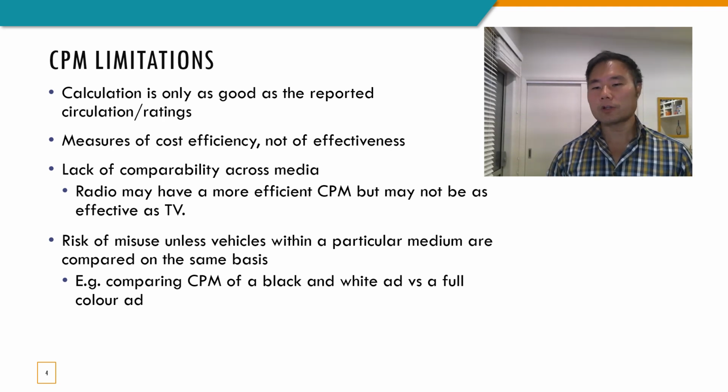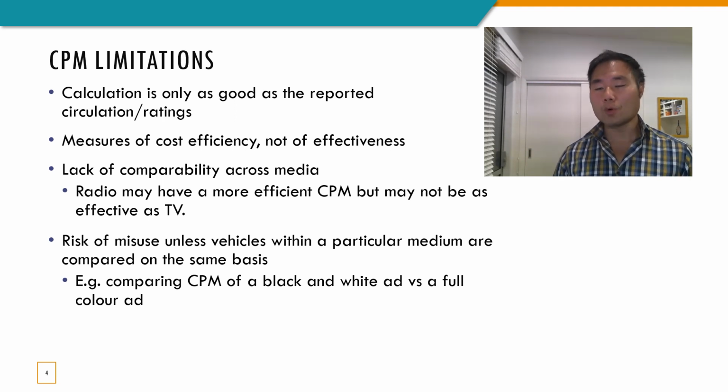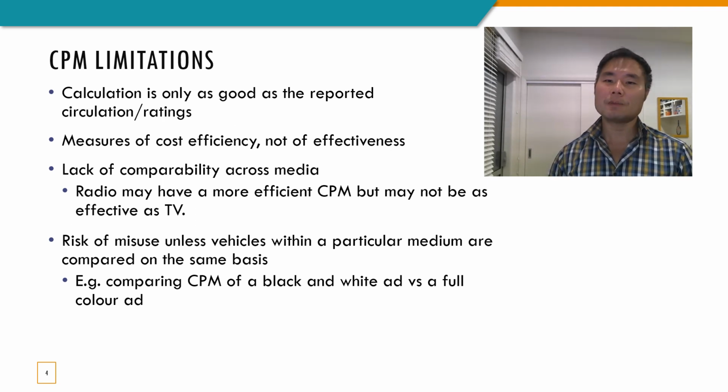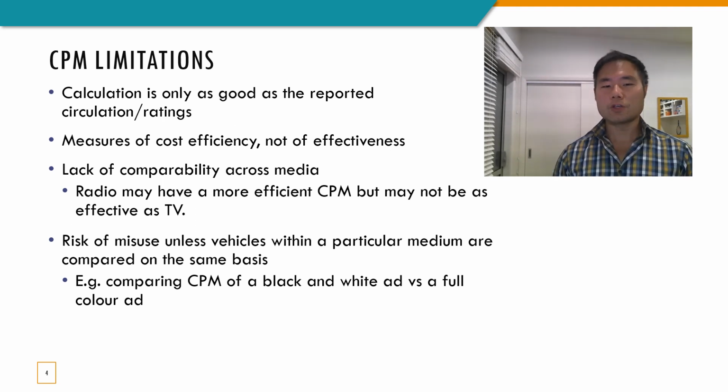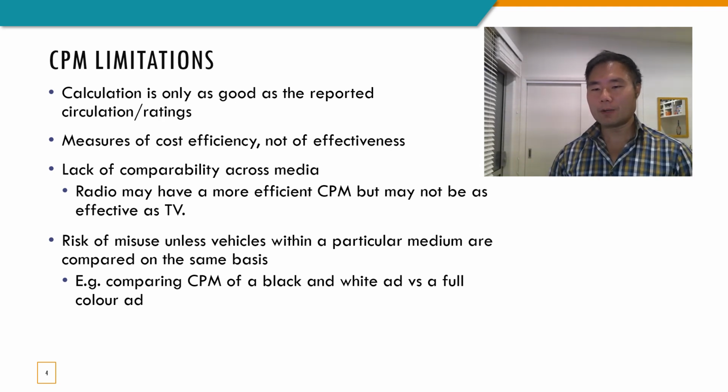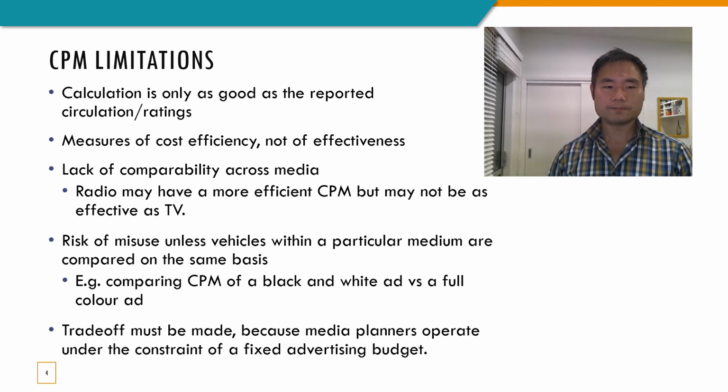You can still work out the cost per thousand for a color ad versus a black and white ad, and obviously you would assume the color ad would seem less cost efficient because it's going to cost more to place a color ad. But then again, the color ad may be more effective, and so you have to be careful there as well, even when comparing cost per thousand within the same medium and within the same vehicles sometimes.